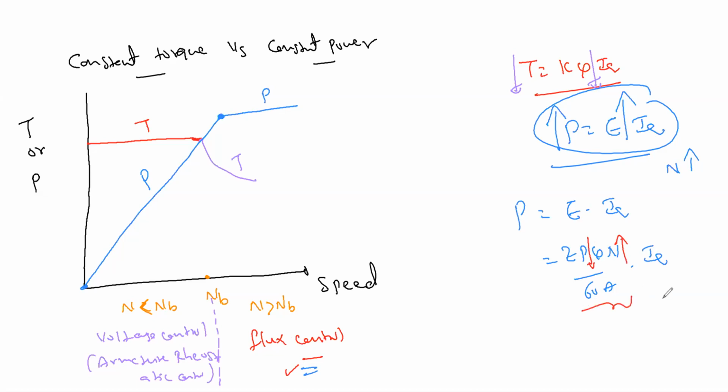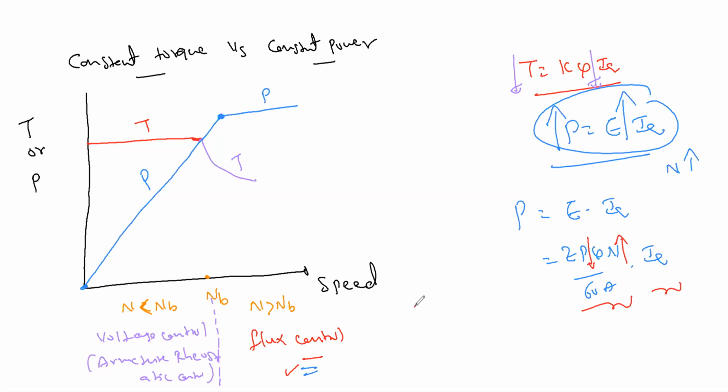So E is a constant, so IA is a constant. In constant power drive, E is fixed, so armature current is also constant. If power is fixed, the armature current drawn by the motor is also constant.